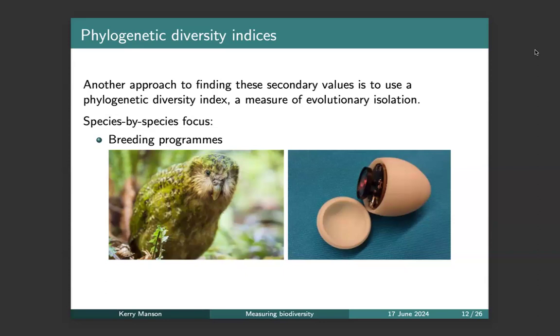And so when there's a nest with an egg in it, they sneak in, swap out the egg for one of these artificial eggs, and incubate the egg in a controlled environment so that rats don't get to it, but still maintaining that parental behavior that we want the bird to remember how to do.